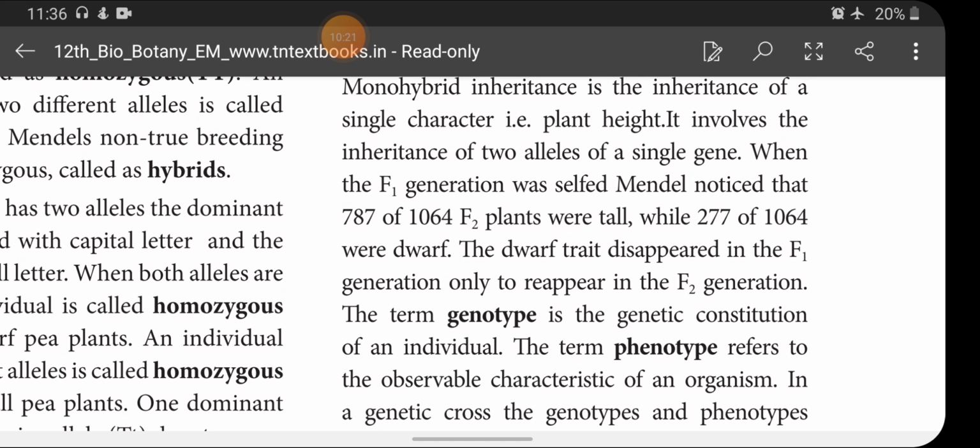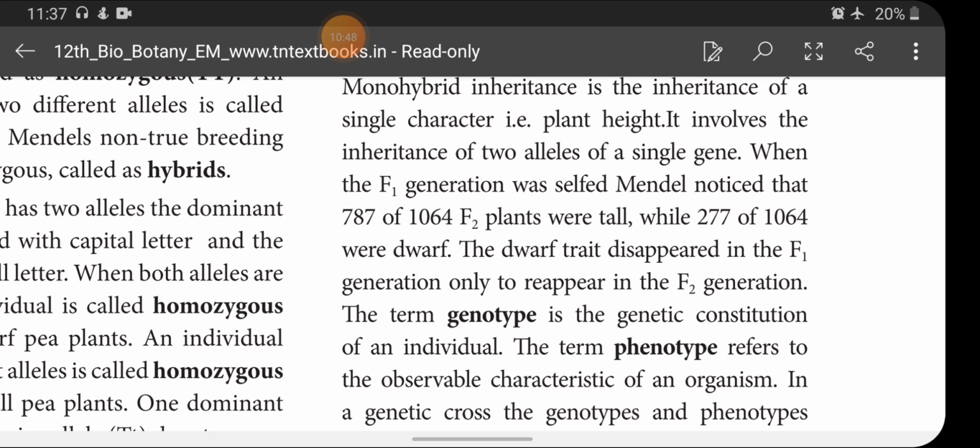Already I said, when we take a character, we will get two alternative forms in it. When we consider a gene, we will see two alternative forms in it. In Pisum sativum, we learnt 7 contrasting pairs of characters. One is seed color, with two alternative forms: one is yellow, another one is green.